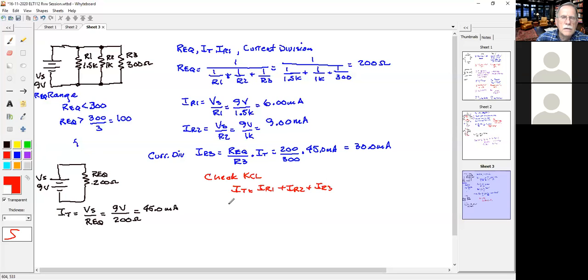So IT is 45 milliamps, and that should be 6 milliamps plus 9 milliamps plus 30 milliamps. Six plus 9 is 15 plus 30 is 45. So it does indeed check out.